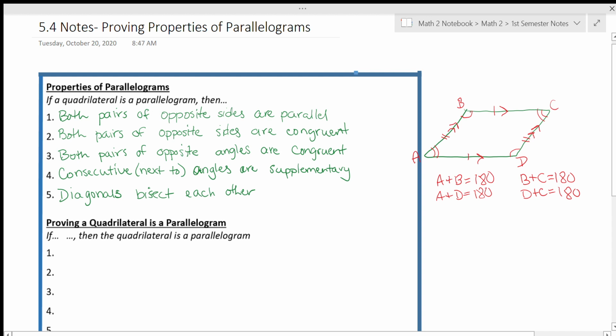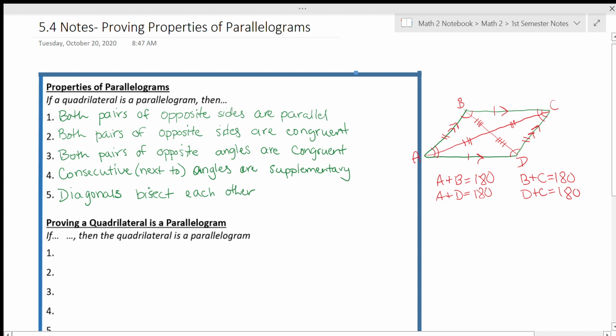And then finally, we know that diagonals bisect each other. So they don't necessarily bisect the angles. That's only in rhombuses. But they do bisect each other. Okay, so I'm going to add those tick marks in.